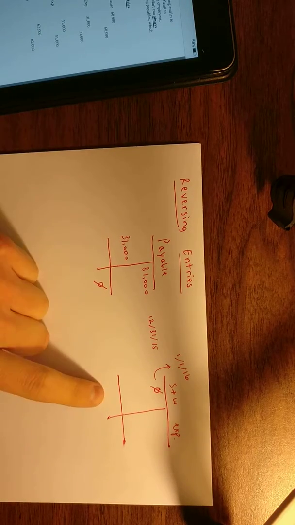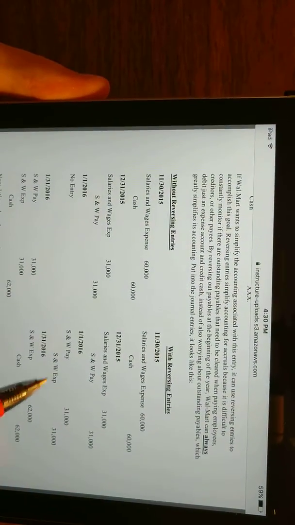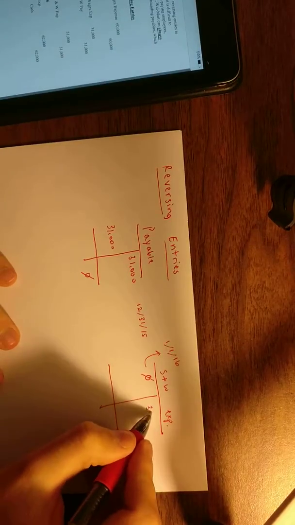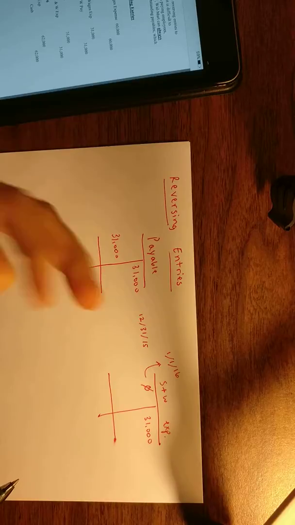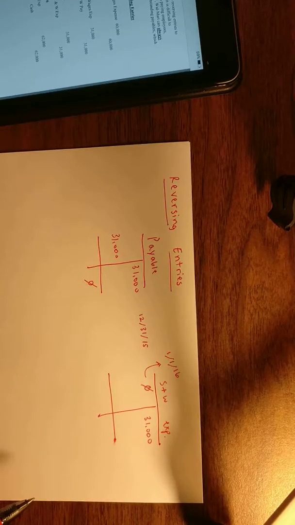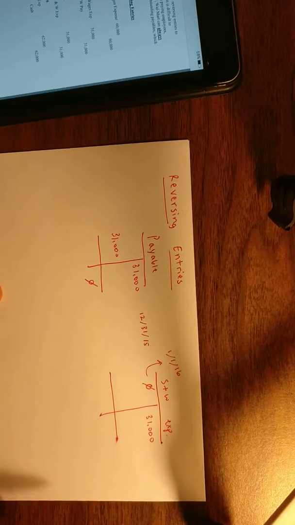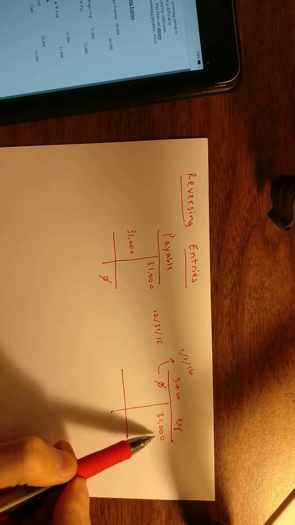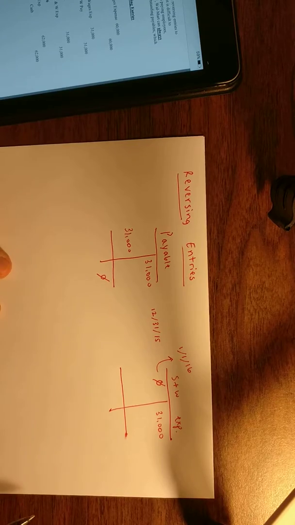And that means that in the journal entry, right here, we credit the salaries and wages expense for $31,000. So what I mean by making it go negative is, it's kind of loose terminology, but what it means is that normally these expense accounts have a debit balance, right? And so now we're making it have a credit balance, okay?